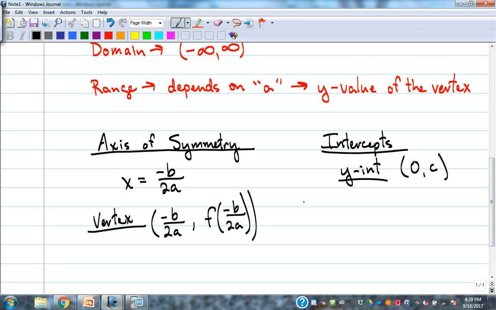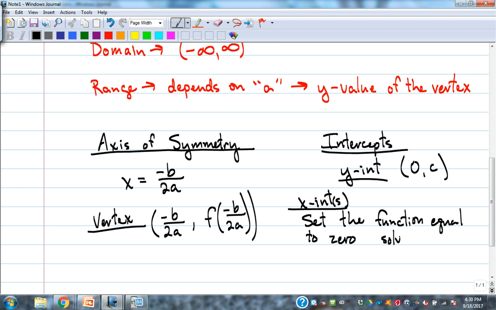The x-intercept, or x-intercepts, depending on the problem, means you're going to set the function equal to 0 and solve.